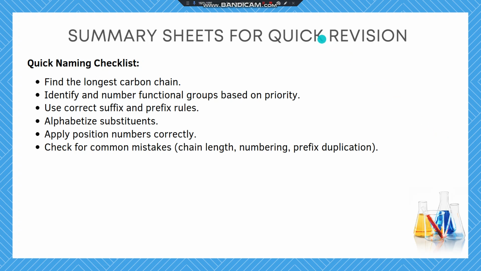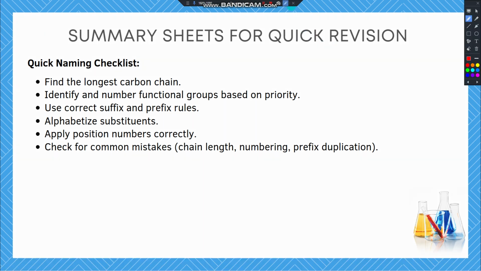So, here's a summary for quick revision for all we've been saying since the beginning of this series. To name an organic compound, you need to find the longest carbon chain, identify and number functional groups based on priority, use correct suffix and prefix rules, alphabetize substituents. You saw how we did the alphabetization of substituents when we had the methyl substituent and the bromine substituent.